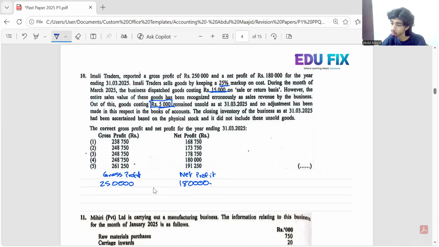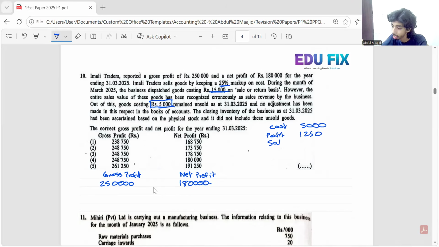Or what you can do, now see, the cost of the goods that are not sold out of the goods that we sent on sale or return basis is 5,000. This 5,000 you have to add to cost of closing stock, so you have to deduct it from cost of sale. The selling price of that will be with 25% profit, right? 25% of 5,000 is 1,250.